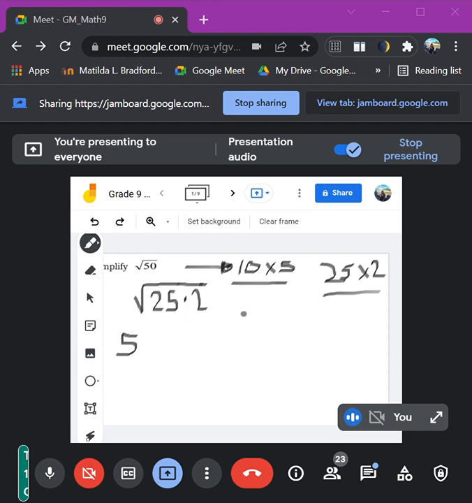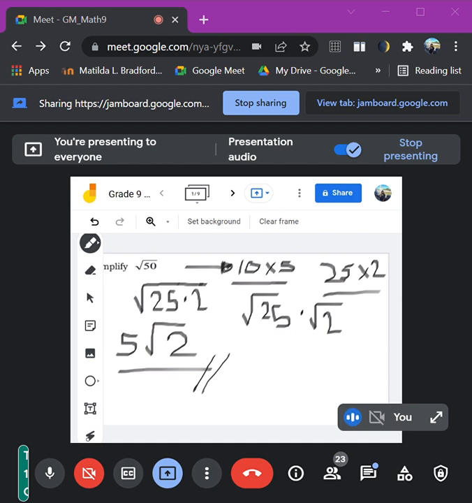Remember, if you break it apart, that is our law number 1: the square root of 25 times the square root of 2. What is left is still the square root of 2. So, your simplified form of the square root of 50 is 5 square root of 2. So, that is how you simplify using reducing the radicand.